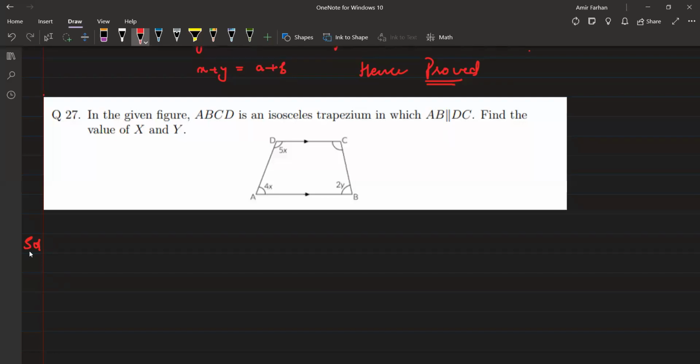Do you know the property of an isosceles trapezium? There will be a triangle, something I learned but forgot. You are a little bit right, but we don't need the triangle in this. We just need two equations, not more than that. So let's do this question once again.